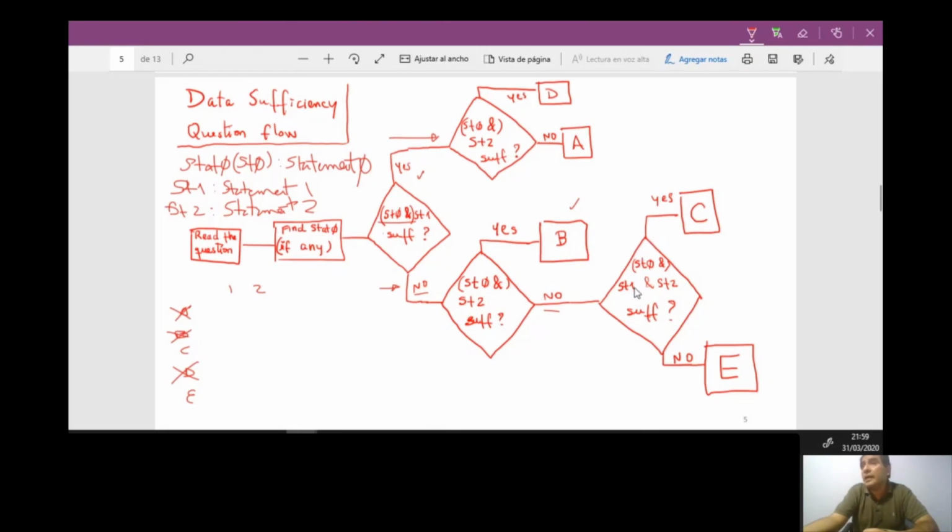There's two possibilities actually, that they together supplement each other and you get a unique answer, or that a unique answer doesn't actually happen.